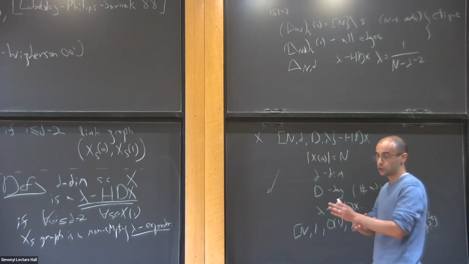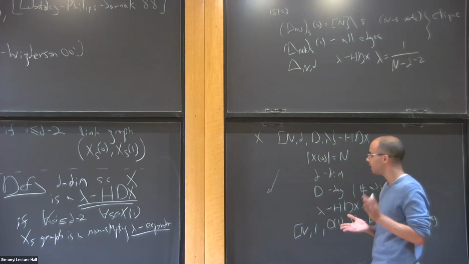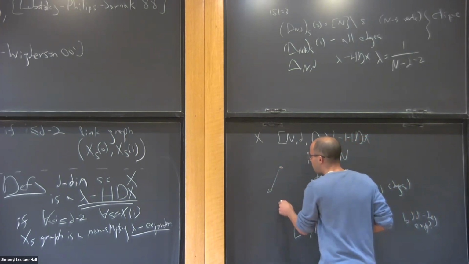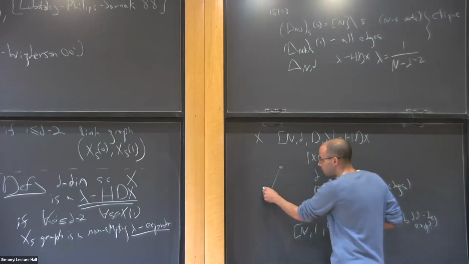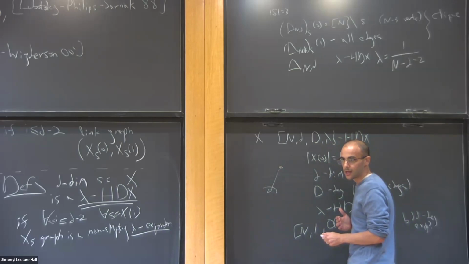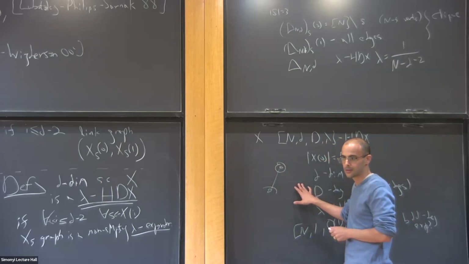Care about links of high dimension. Sure. Okay, right, it's the number of edges. And so, for example, if I look at the link of the edge, it's like looking at the link of the vertex, and then inside that link of the vertex, looking at the link of this other vertex.